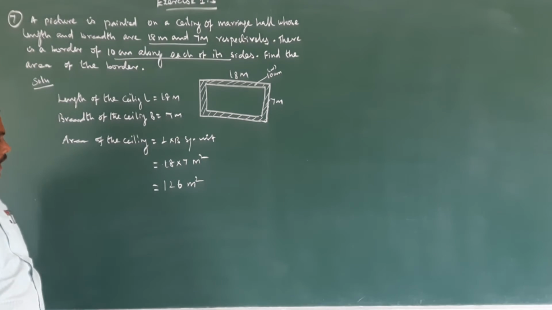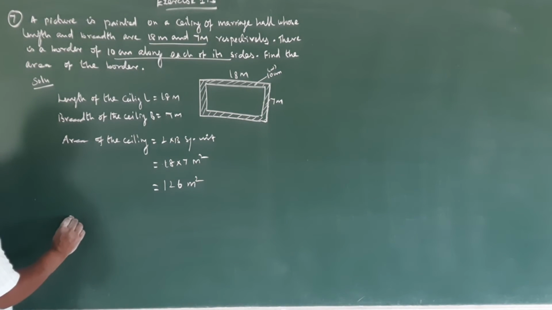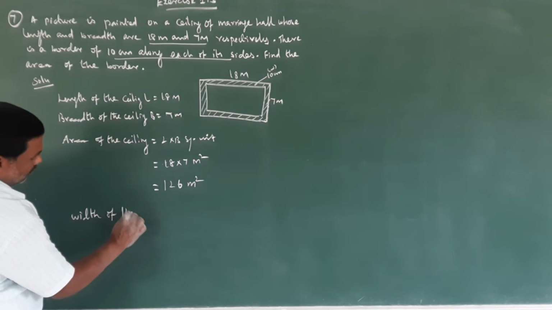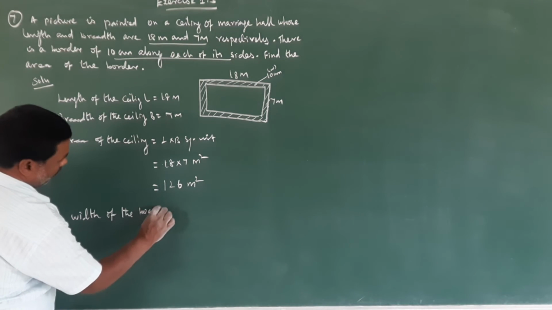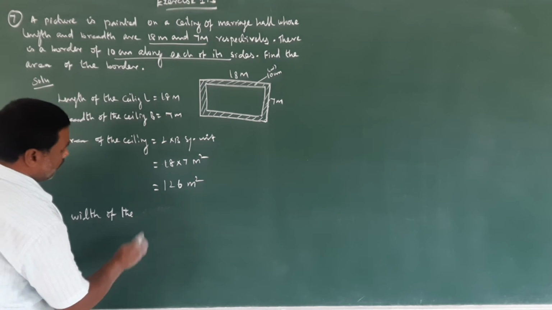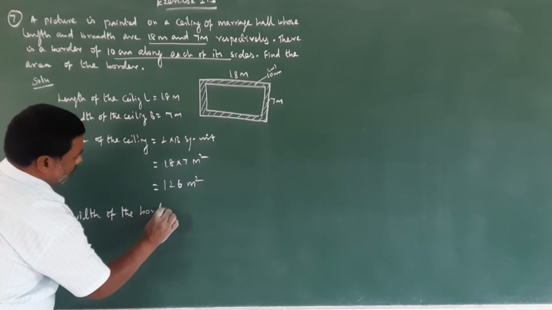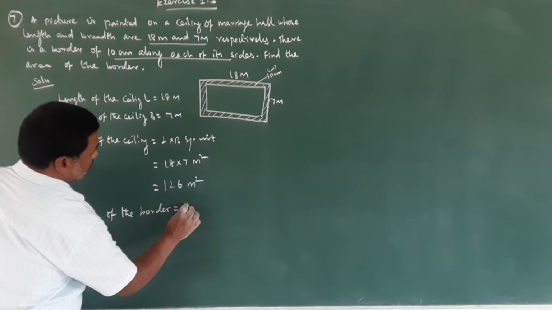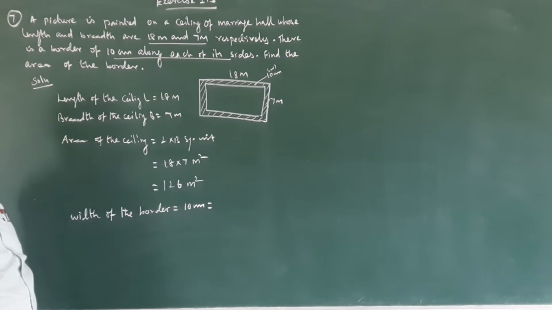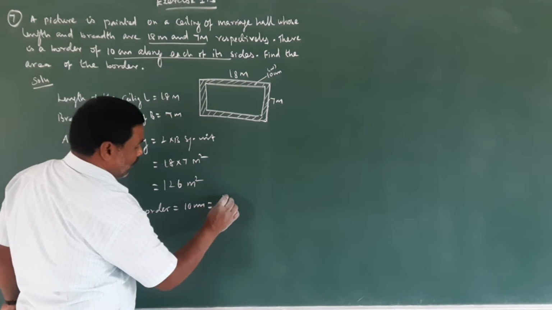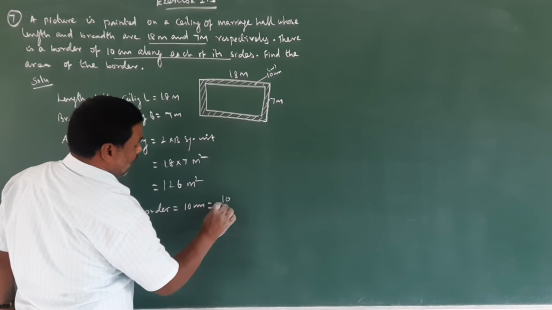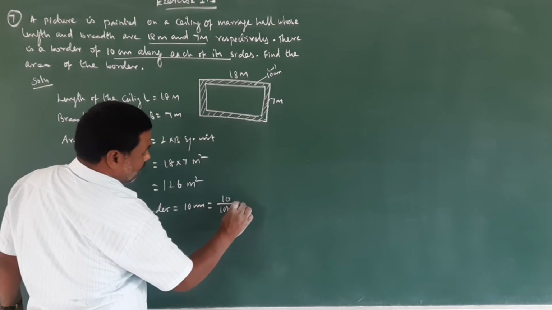Now width of the border. The width of the border equal to 10 centimeter. The 10 centimeter converted to meter. 1 centimeter equal to 1 by 100 meter. 10 by 100 meter.